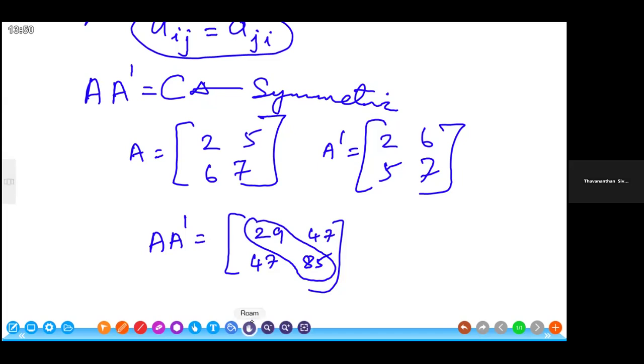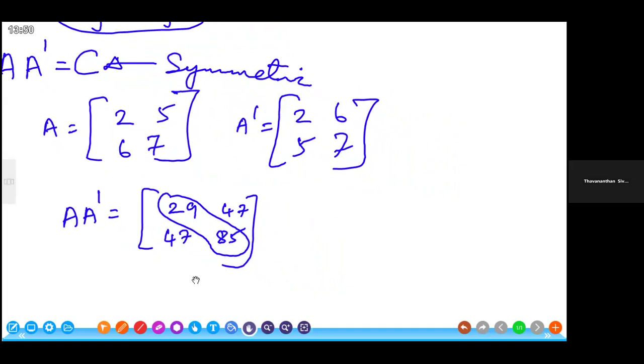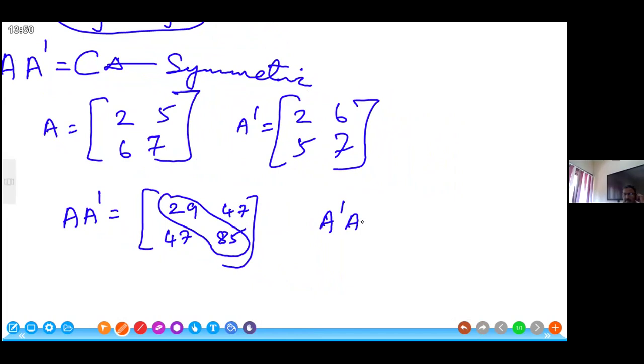Can you find out A dash A? Because A into A dash means the first matrix is A. So what is A dash into A?